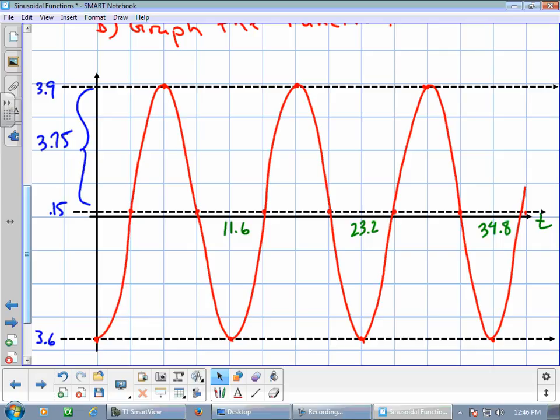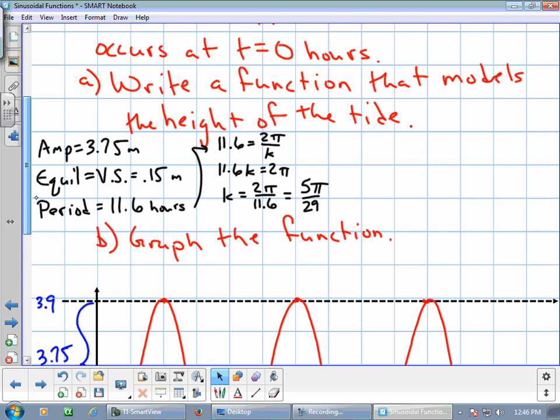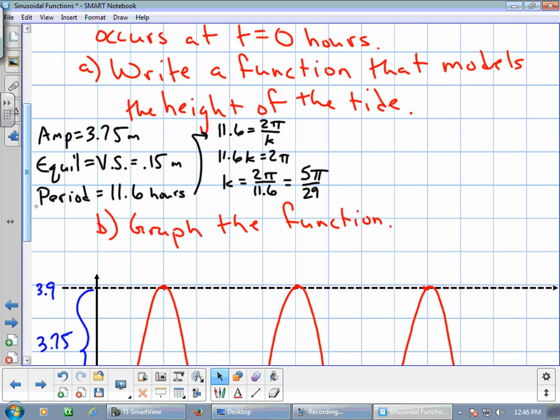Cosine. And specifically, what type of cosine function? A negative cosine function, right? Cosine starts at the top typically. This one's starting at the bottom. So if I have a cosine function with a negative amplitude, I don't have to worry about my horizontal shift at all. Okay? And a cosine function is a sinusoidal function. Okay? It doesn't have to be sine simply because we're talking sinusoidal.